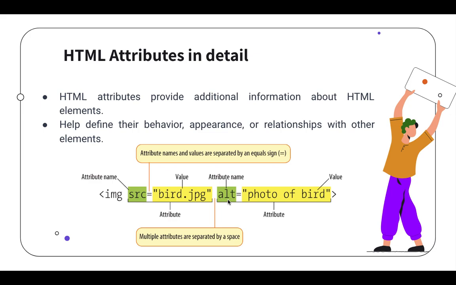Let's suppose the image is not available, or not proper, or someone has deleted the image, or you have typed a naming mismatch. At that time the alt attribute is used, for example, photo of the board.